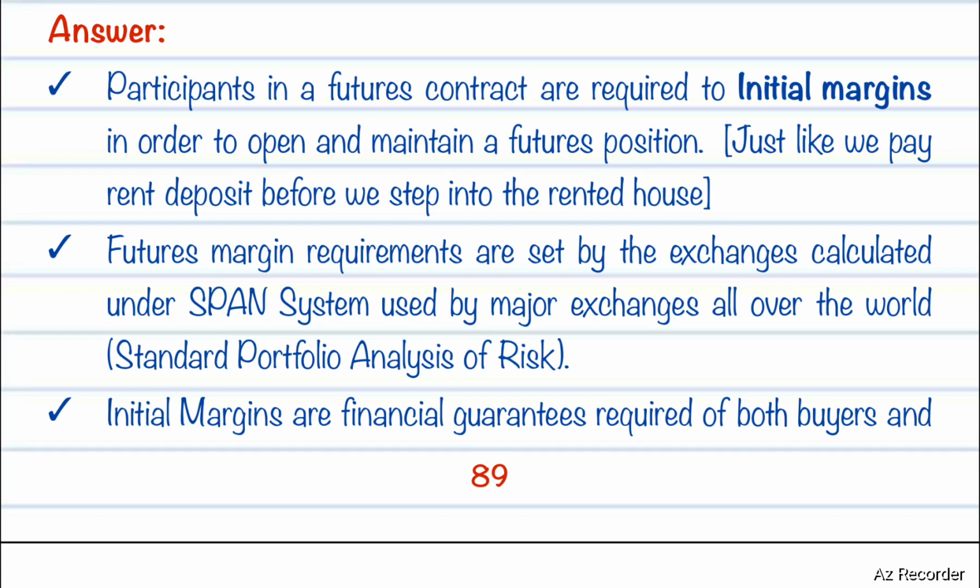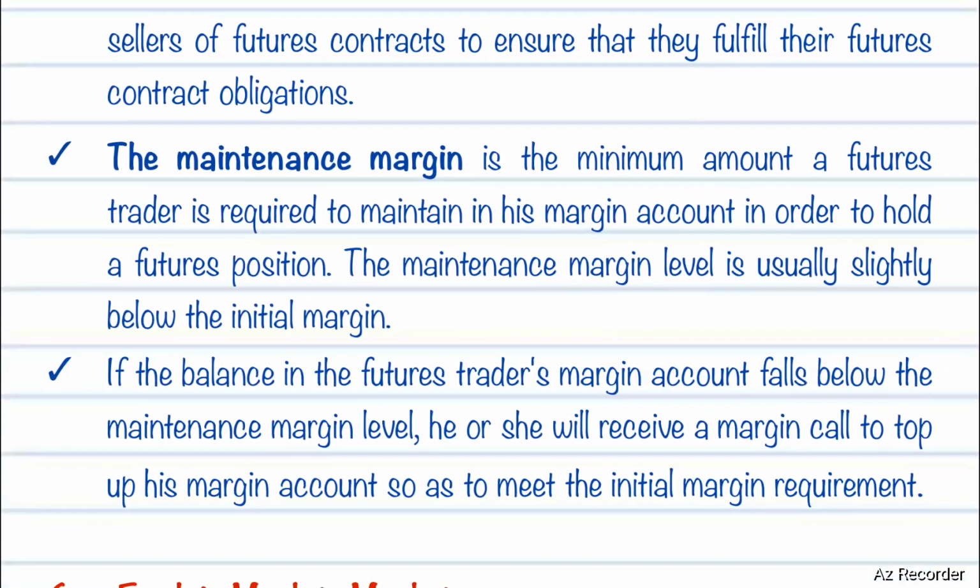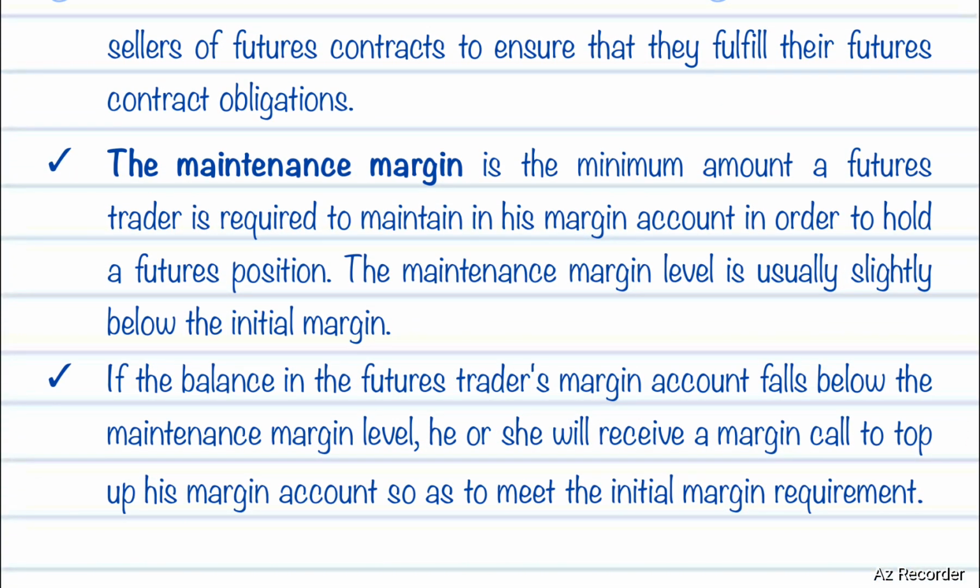SPAN means Standard Portfolio Analysis of Risk system. Next, initial margins are financial guarantees required of both buyers and sellers of futures contracts to ensure that they fulfill their futures contract obligations.